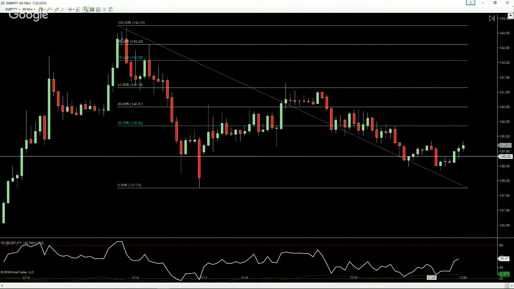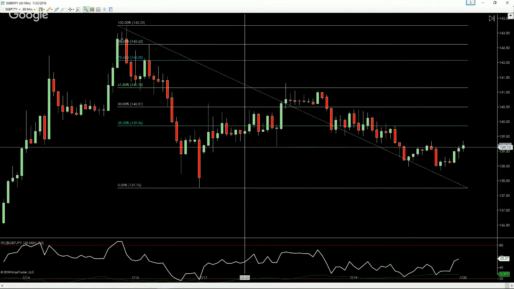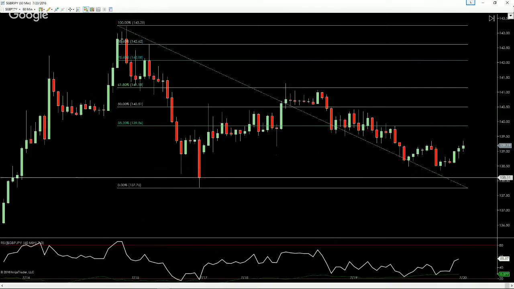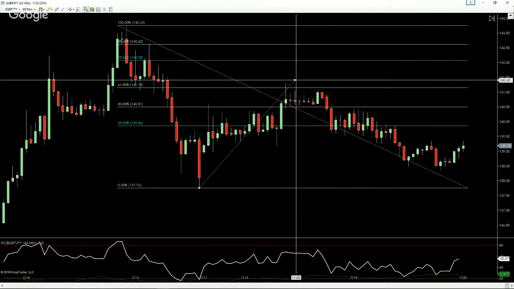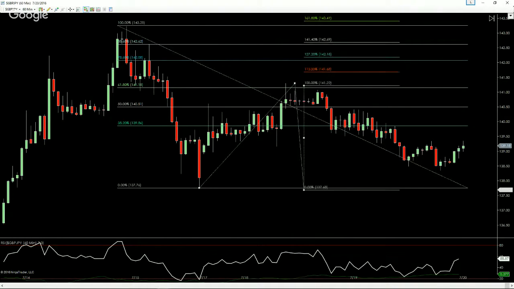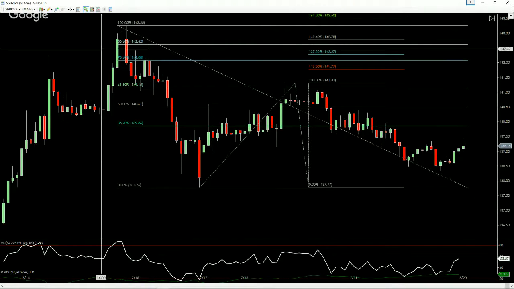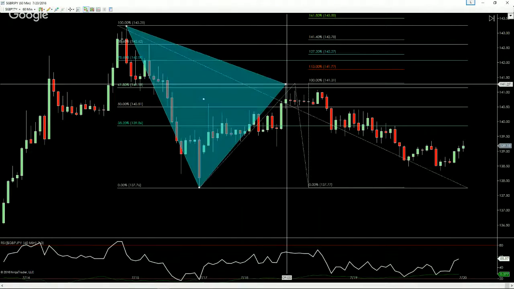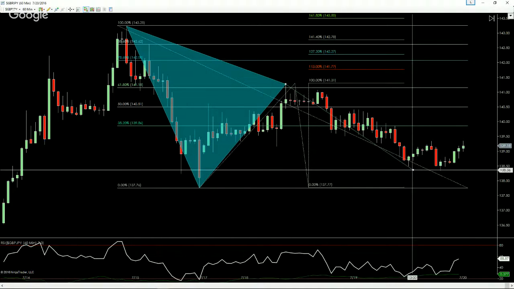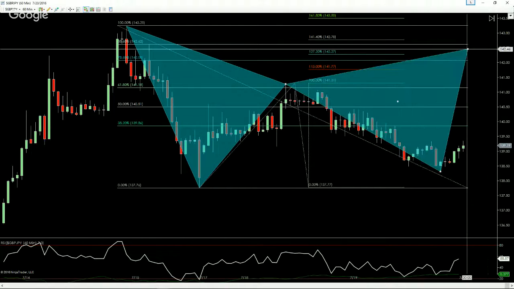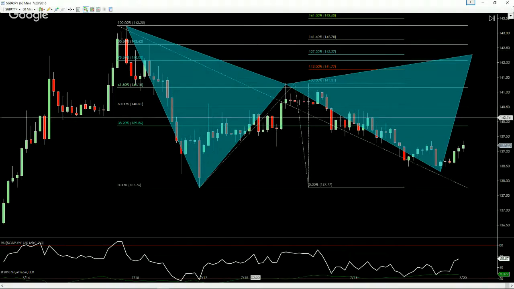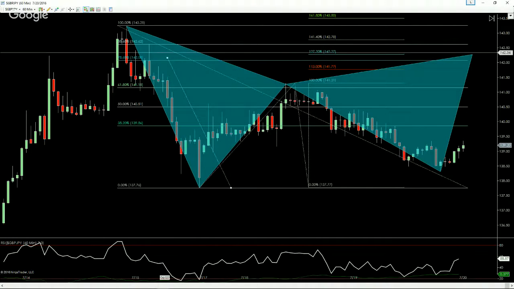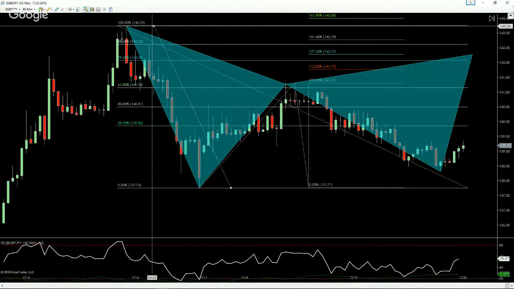But we still need this leg to pass, or B leg, so that's still ways away. But if it does complete, it normally completes at the 127. It's about right here. And let's see.